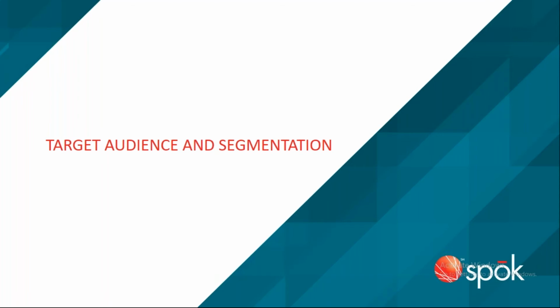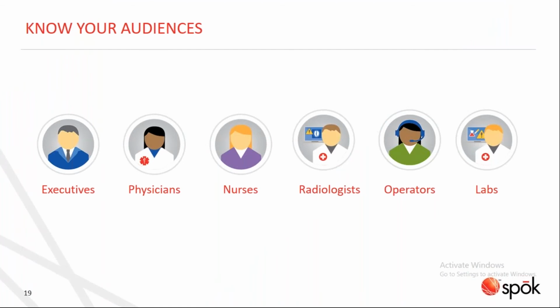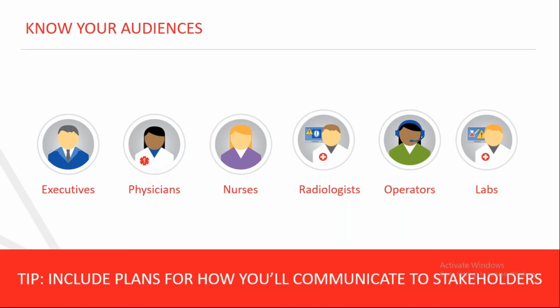So know your audience. Are you going to be impacting physicians, nurses, radiologists, operators, the labs, executives, any other ancillary staff? Make sure that you know those individuals, and include plans for how you'll communicate to stakeholders.